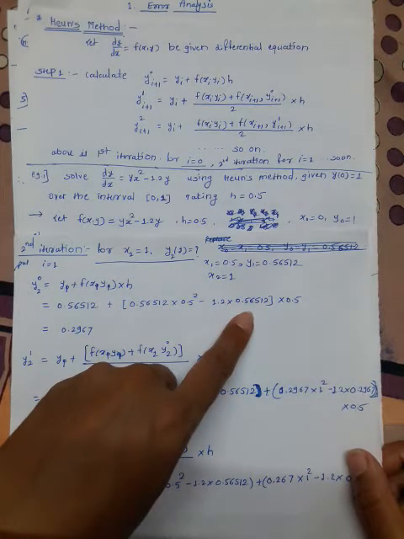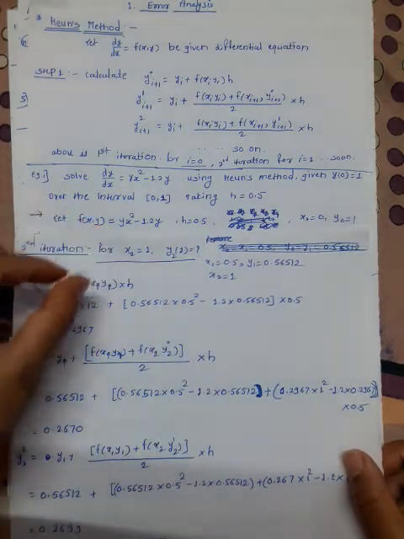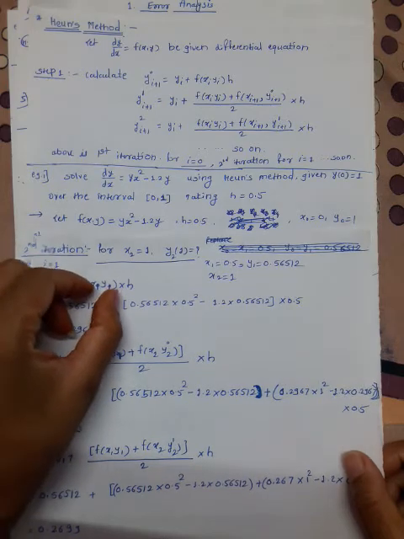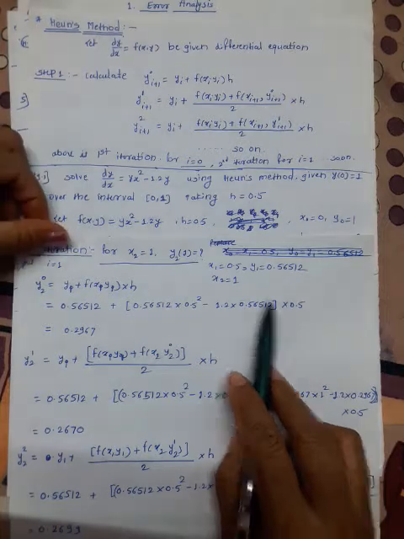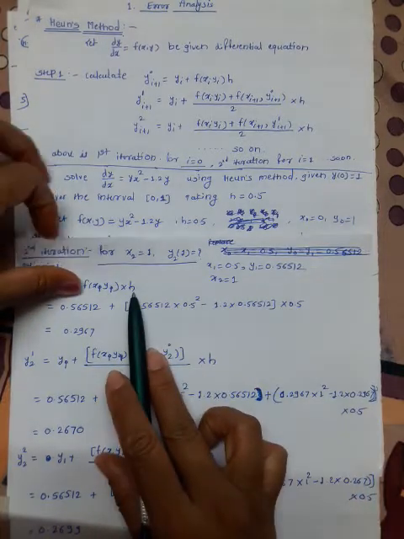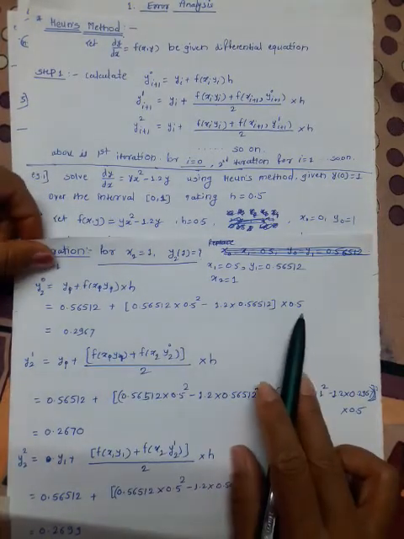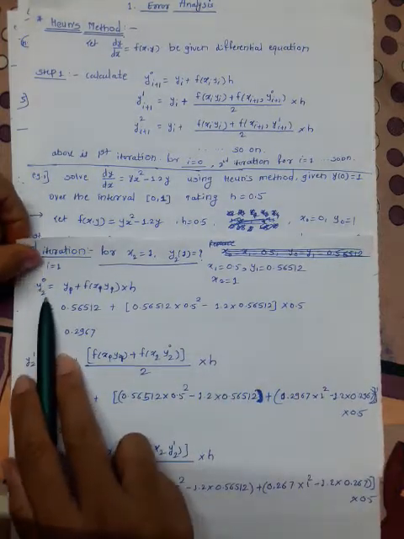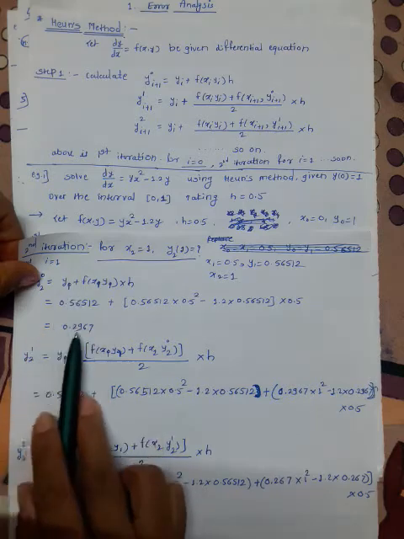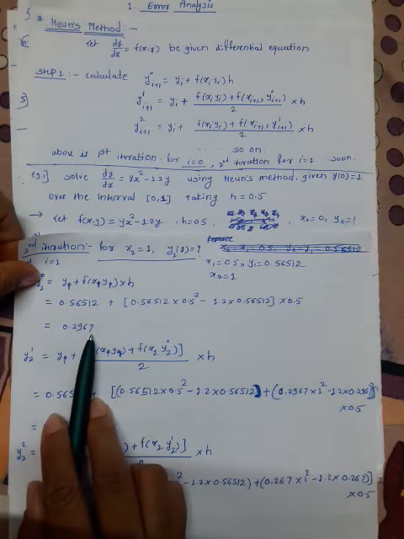Put the function value; you just have to replace x1, y1 as it is, into 0.5. This h throughout the example will remain the same, 0.5. Now calculate on the calculator. We get the zeroth approximation of this second iteration as 0.2967.